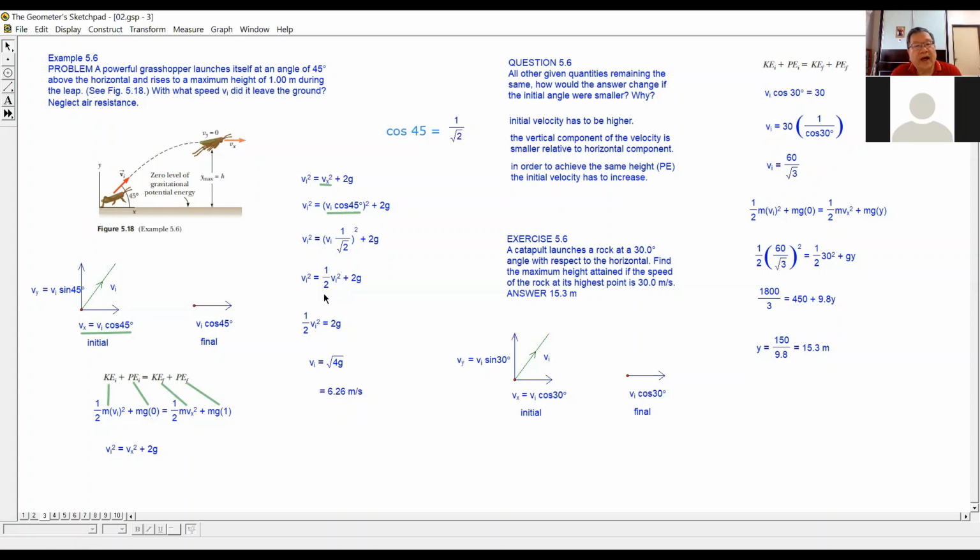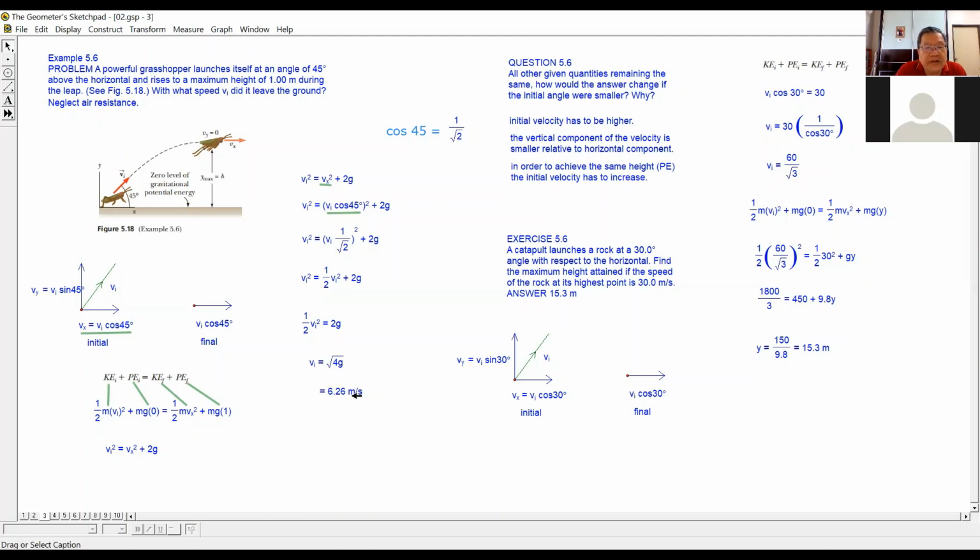So you have half vi squared. This half vi squared, you move over to the left-hand side, you minus half vi squared. So 1 vi squared minus half vi squared, you are left with half vi squared. Bring the 2 over, it becomes 4g.